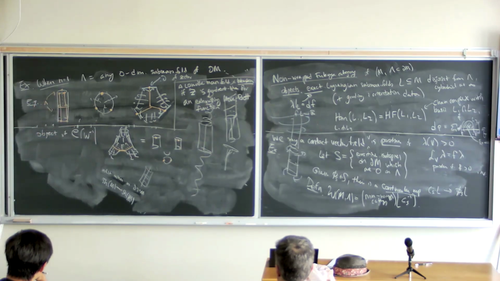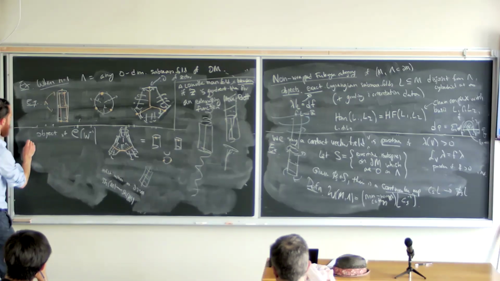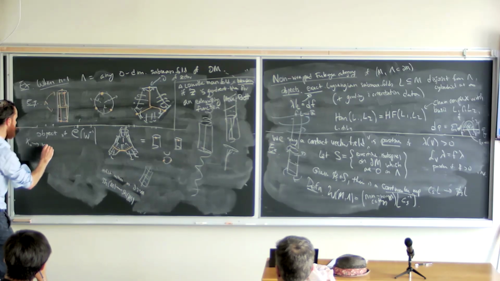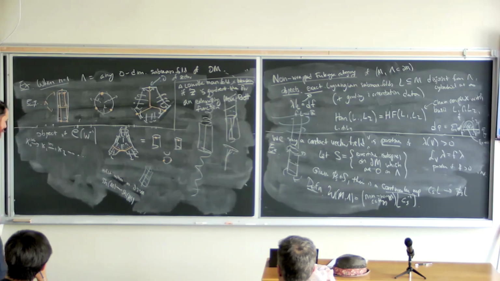If I take a category and localize it at some collection of morphisms W, then an object is going to formally be something where I have a bunch of x0, x1, x2, w0, w1, and so on, some collection of elements like this.